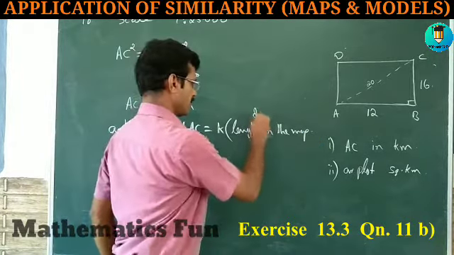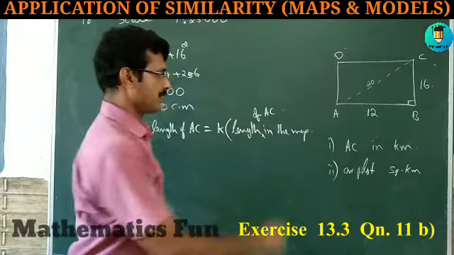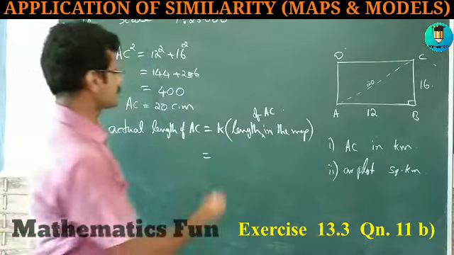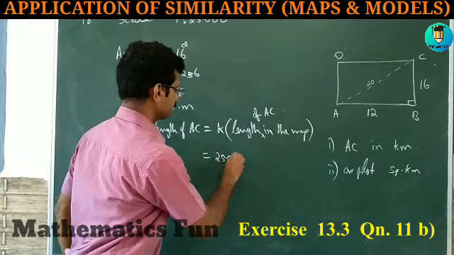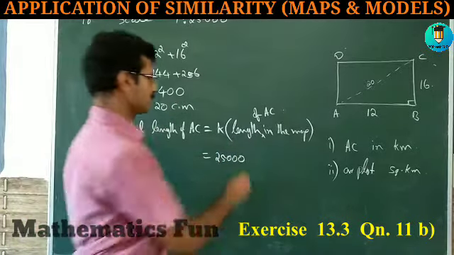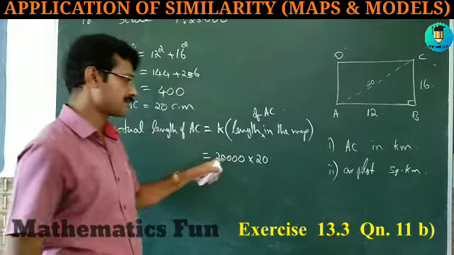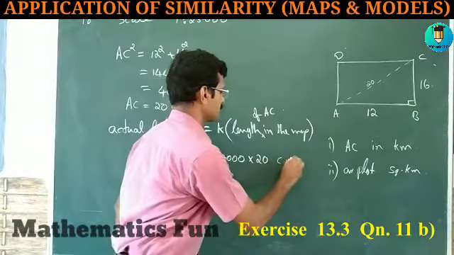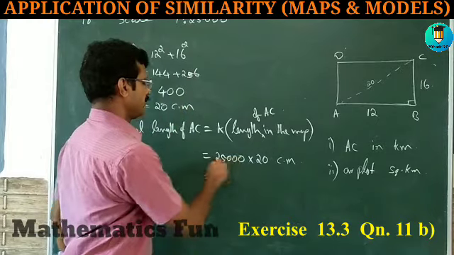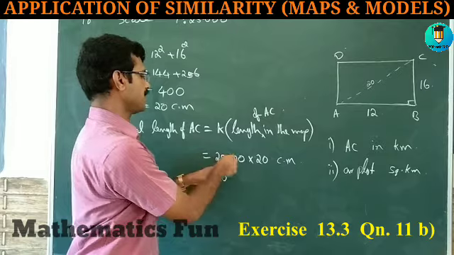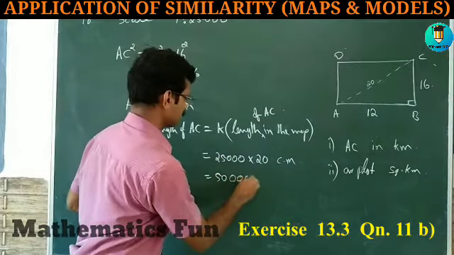Length of AC in the map. So now I'll put K is 25,000 into 20, which is given. Remember the 20 is in centimeter, so naturally this will be in centimeter. If I multiply, 2 into 25 is 50, and then 4 zeros.